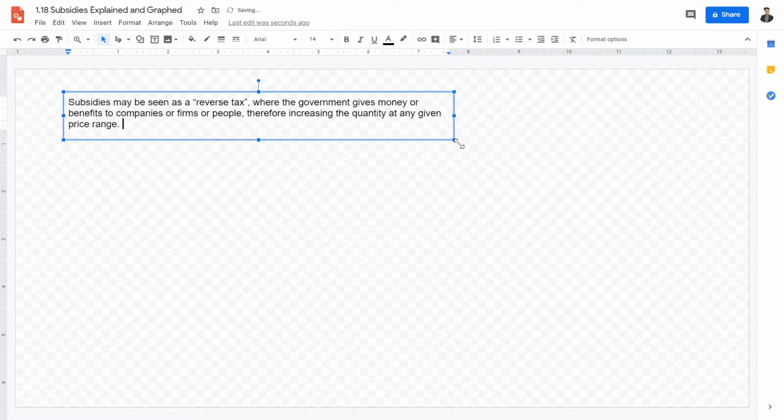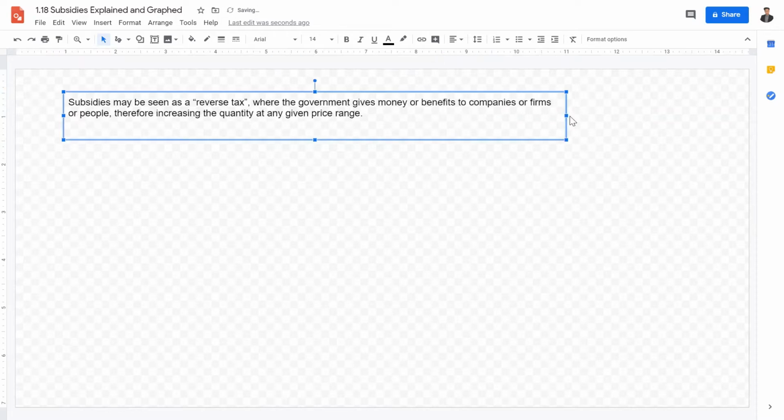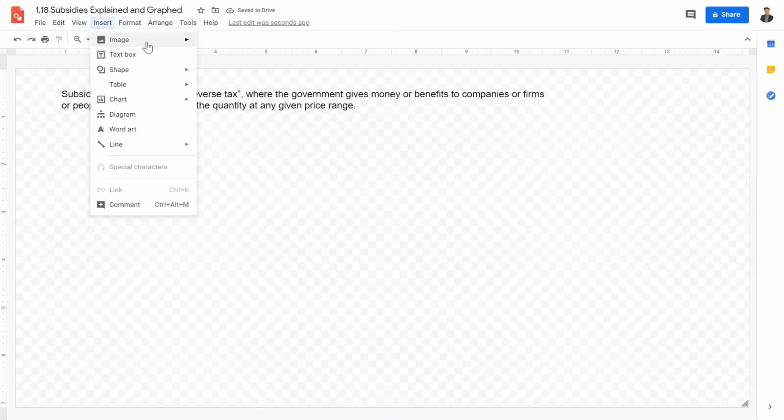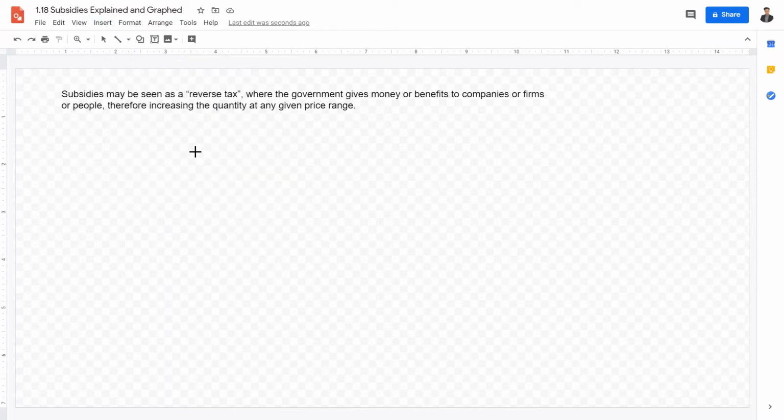Okay, so this is basically what a subsidy is, a short definition of a subsidy. What does a subsidy look like if we actually graph it?